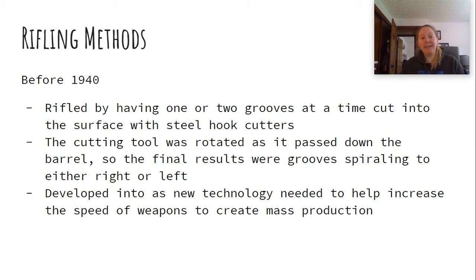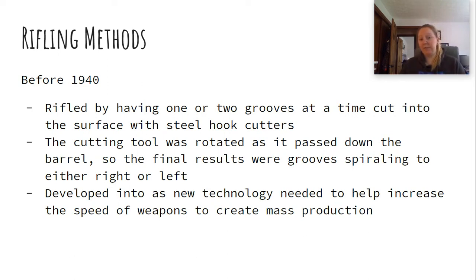Before 1940, rifling was done by having one or two grooves at a time cut into the surface with a steel hook. The cutting tool was placed at the end of the barrel and slowly pulled through while the barrel was being rotated, or the tool was being rotated as it passed down the barrel. So the final result was grooves that spiraled either to the right or to the left.